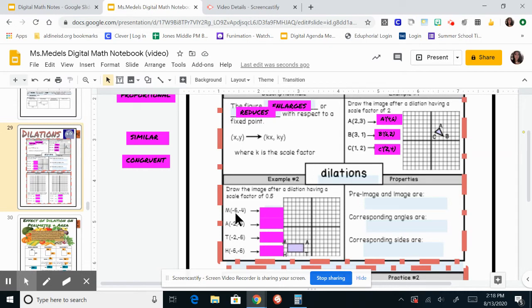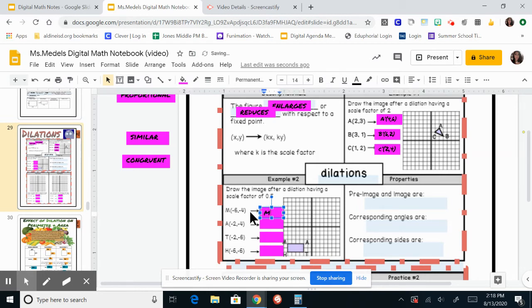So now I'm going to multiply negative 6 times 0.5 to get M prime. I'm actually going to change the font. I will have this changed for you guys, so no need to worry. M prime becomes half of negative 6, which is negative 3, and half of negative 4 is negative 2.